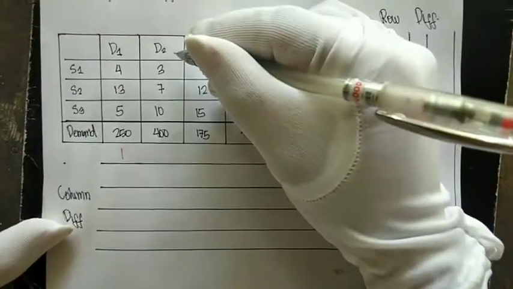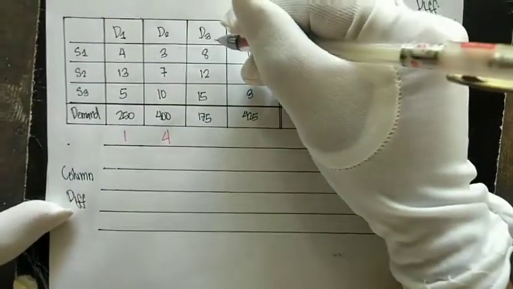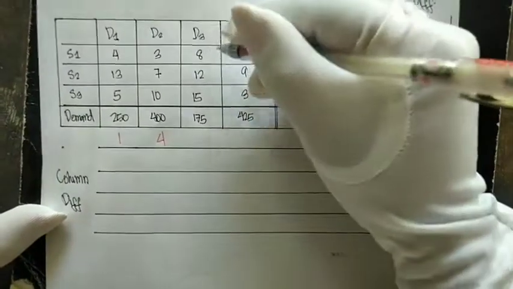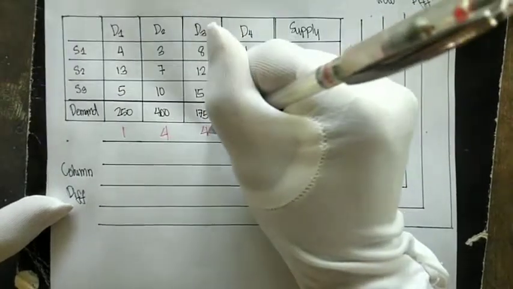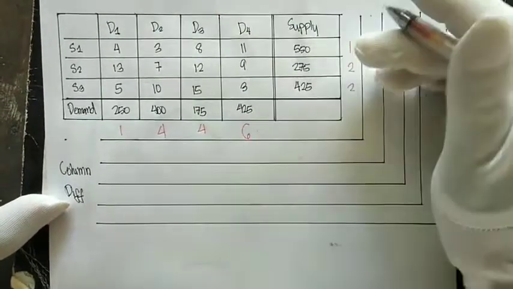Next, in D2, 3 and 7, we will get 4. In the third column, 8 and 12, we will get 4. And the last column, 3 and 9, we will get 6.